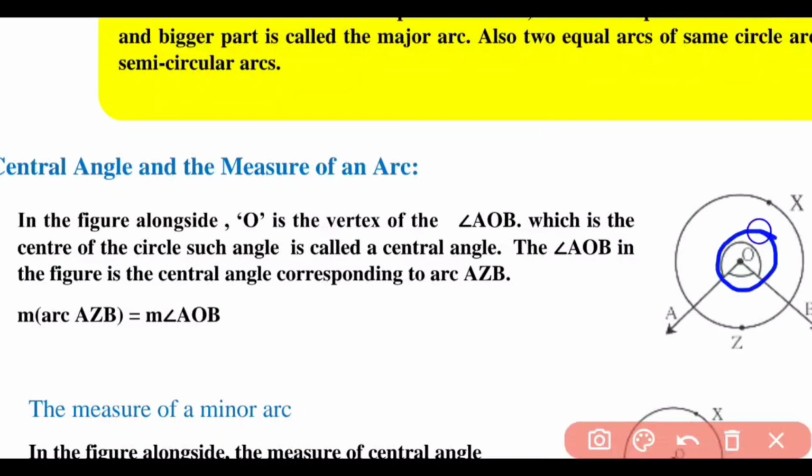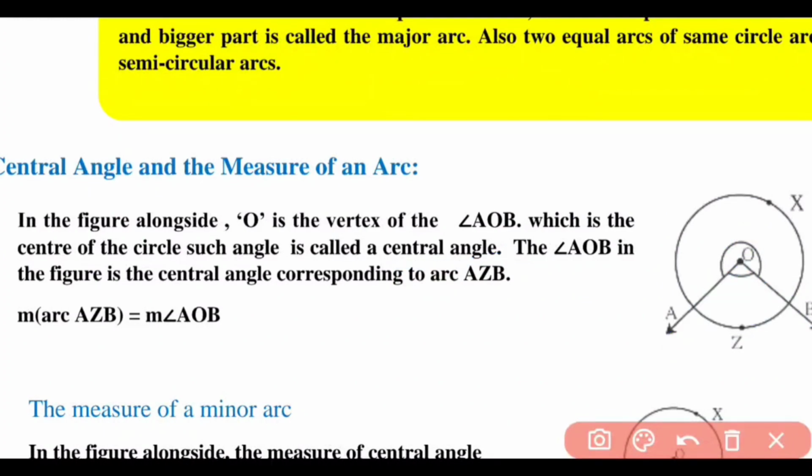So such an angle is called a central angle. AOB is the central angle in the figure alongside, and its corresponding arc is arc AZB. This arc is the corresponding arc of this angle AOB.